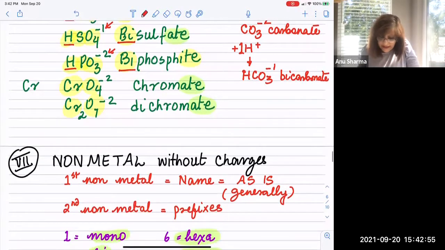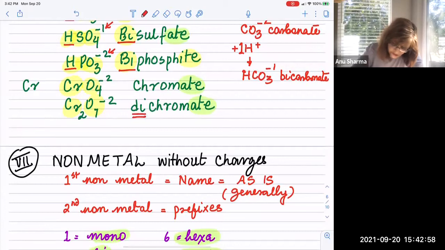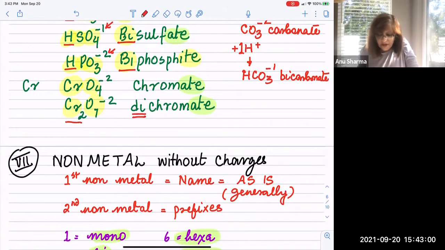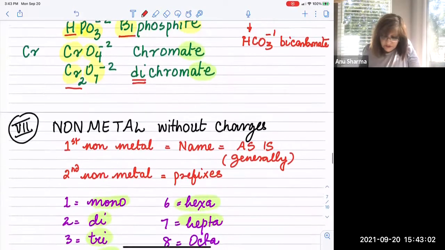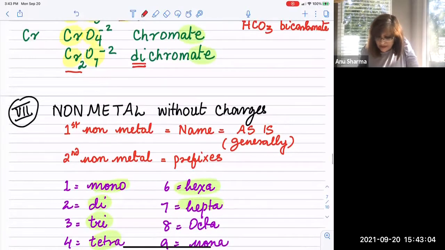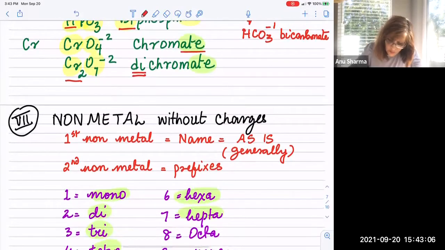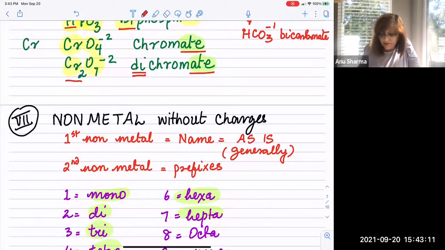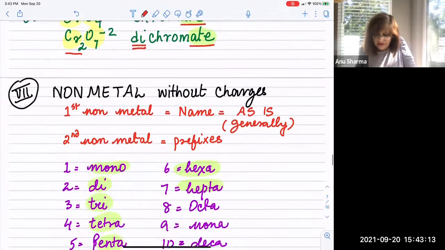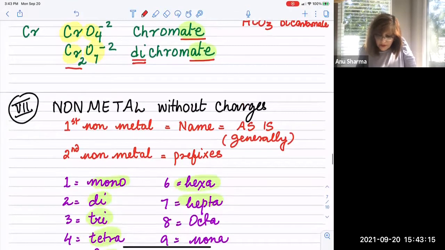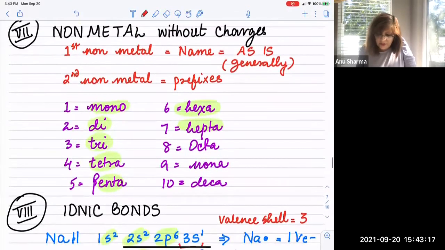Then the chromate and dichromate. The dichromate refers to these 2 chromiums. Here, don't get confused. Some of the nomenclature was older, it got its name, and it just stuck.